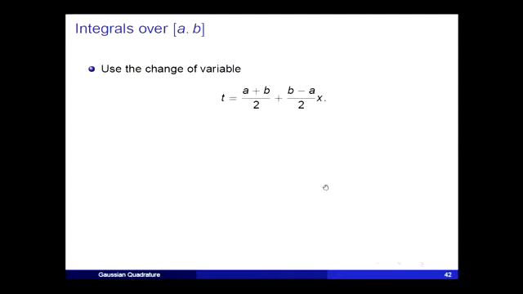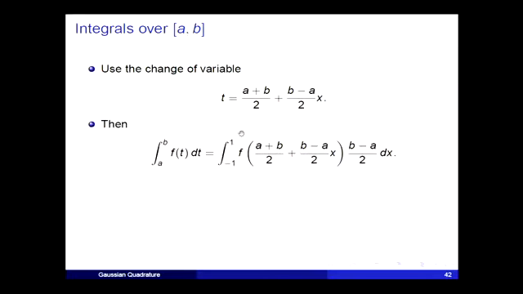So now, back to the integrals over the interval a, b. So you see, how do we map it to minus 1 and 1? Well, just use this change of variable. And you can see that if I put x equal minus 1, then you just get a, right?